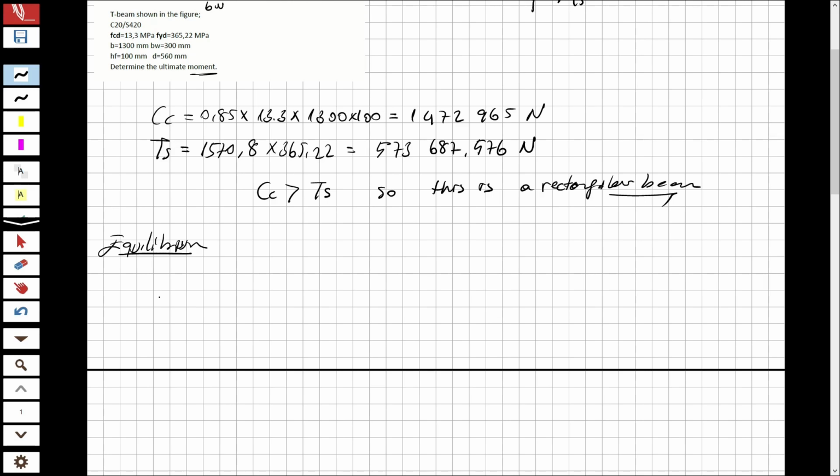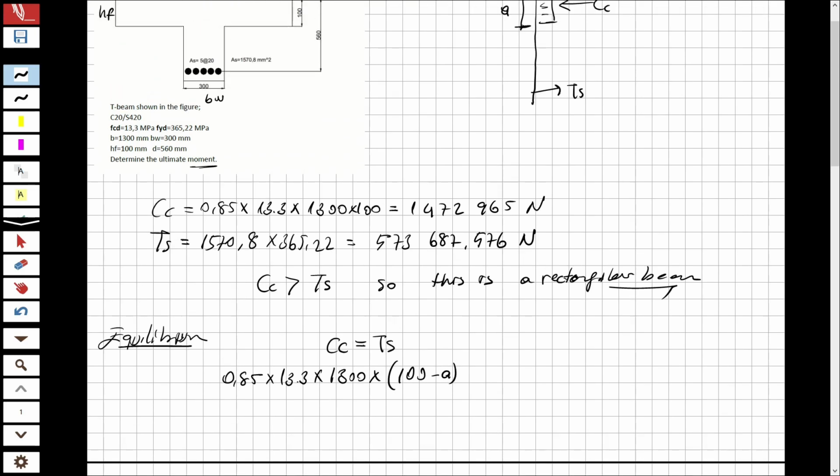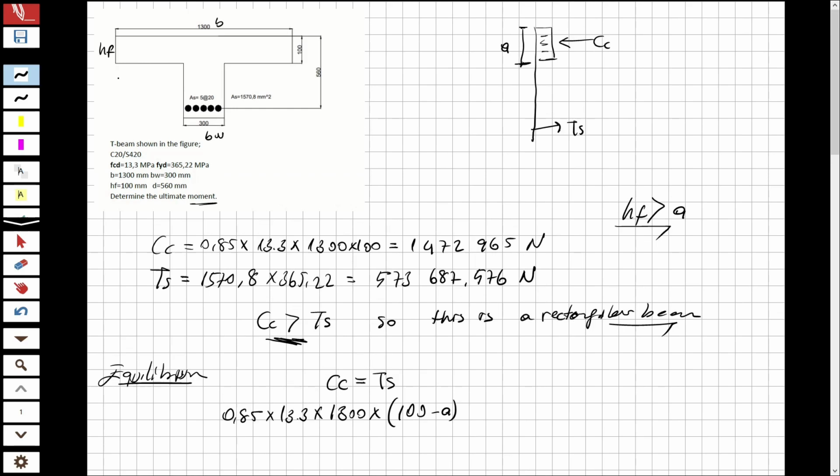Okay, for the equilibrium, we are going to make compression concrete and tension steel equal. 0.85, this is for the compression concrete, multiplied by 13.3 and multiplied by BW, so B is 1300, and I'm going to multiply it by 100 minus A, because if the compression concrete is greater than the tension steel, that means that HF is greater than A.